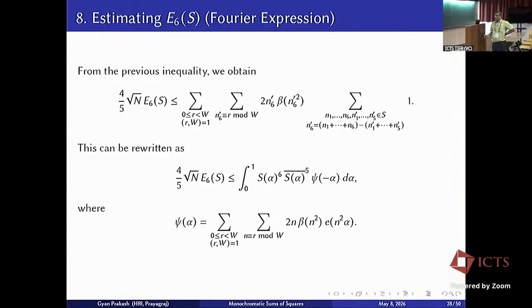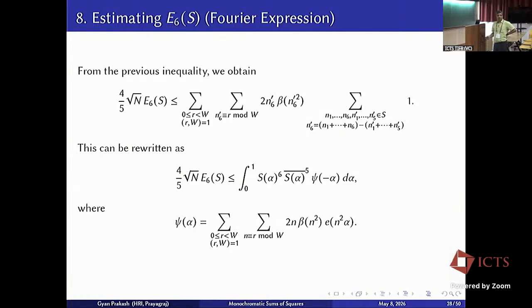So now, on the major arc as well as the minor arc, what will play a role is the understanding of this function, which is essentially over the complete set of squares, not a dense subset of squares.